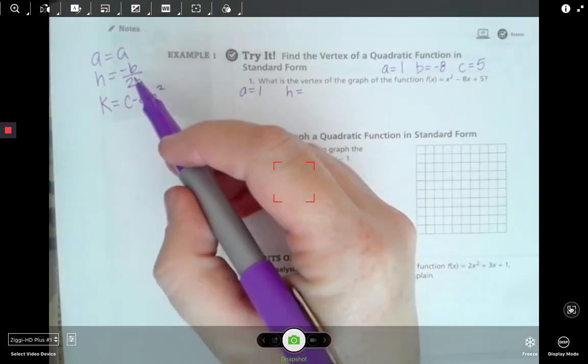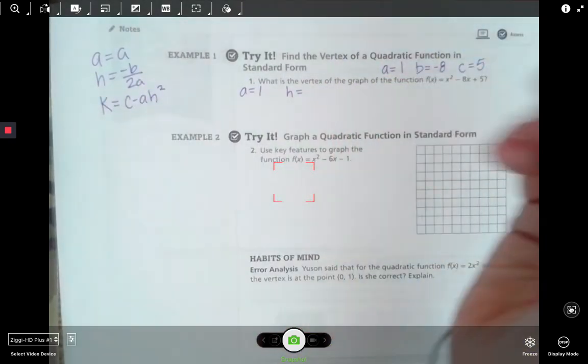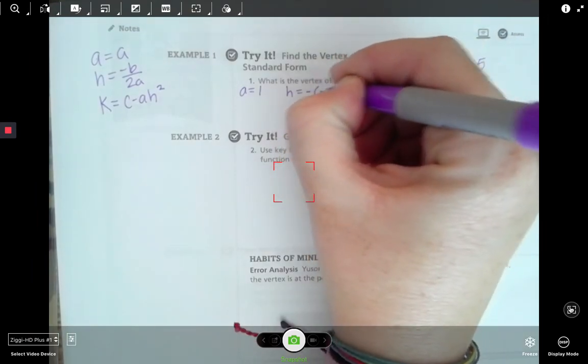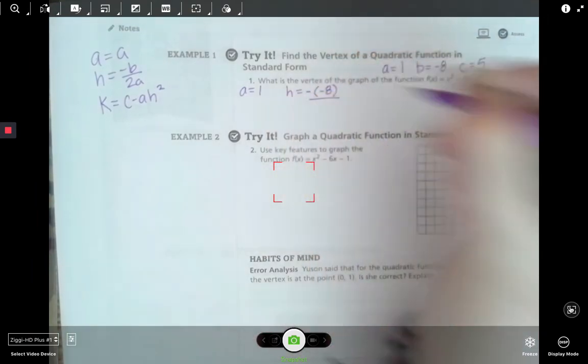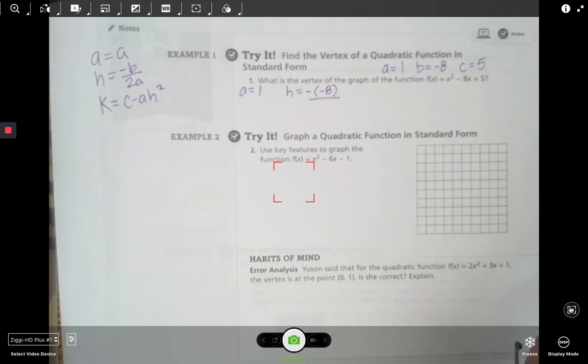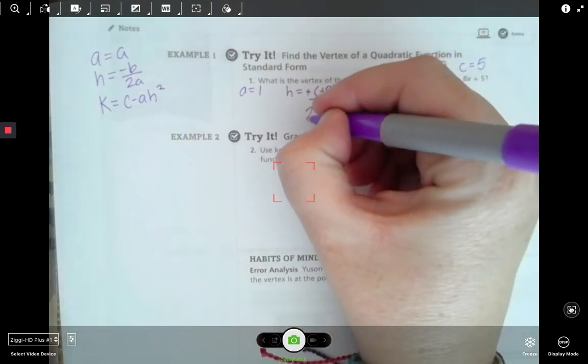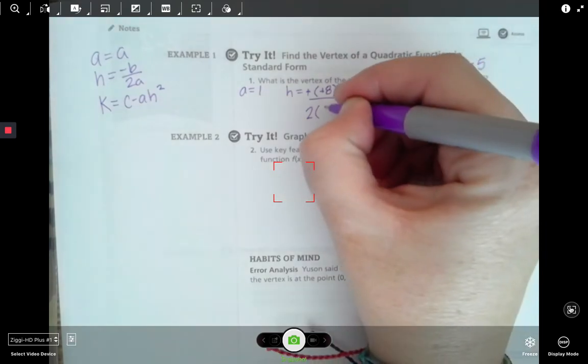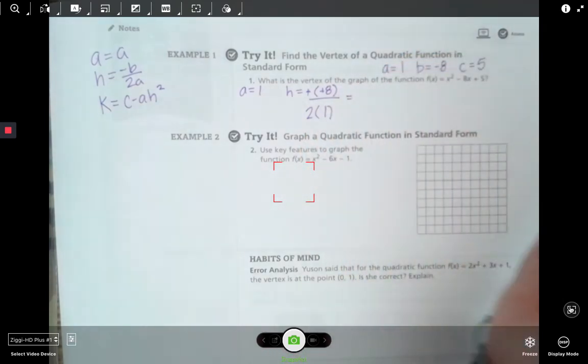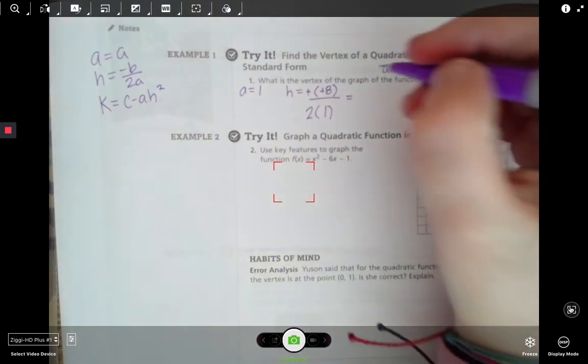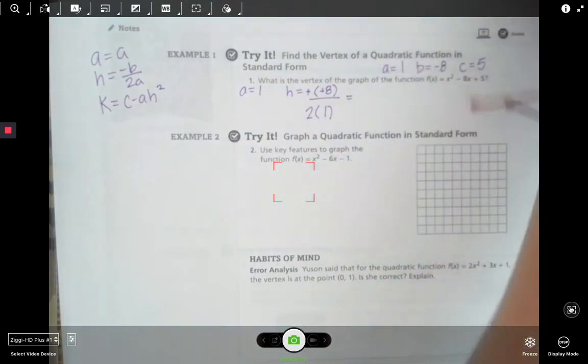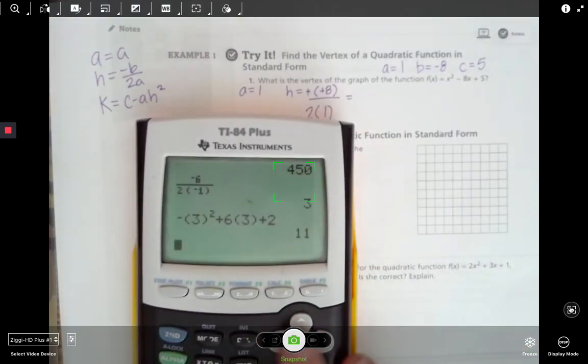So h, we take the negative b over 2a. So negative times negative, or the opposite of negative 8, so two negatives make it a positive, over 2 times 1. So h equals, you want to put it in your calculator, h equals 4, yep.